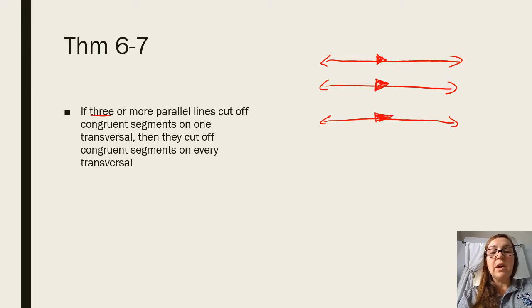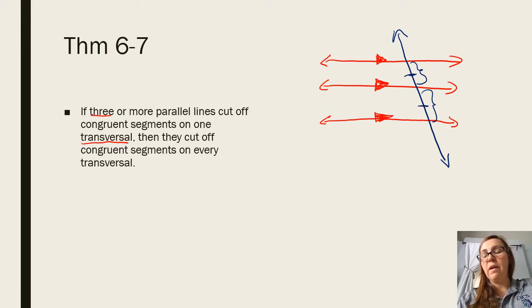And then it says cut off congruent segments on one transversal. So I'm going to go ahead and draw a transversal. And what they mean by cuts off congruent segments is these segments right here. They're saying they're equal to each other. I know my diagram's a little bit off, but that's what we're looking at. Then they cut off congruent segments on every transversal.